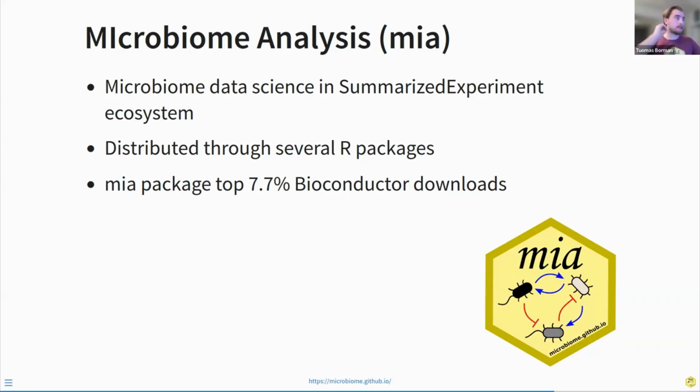That is because it contains those common operations in microbiome data analysis, including transformations or agglomeration, data wrangling, and alpha diversity and that kind of thing. It is currently around top 7, I will round this a little bit, top 7% from Bioconductor downloads. It's quite okay if you remember how small the microbiome field was in Bioconductor.